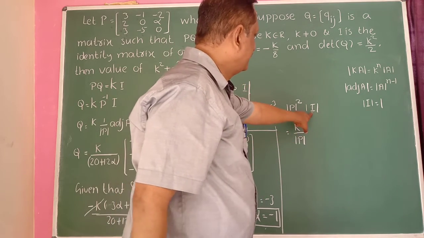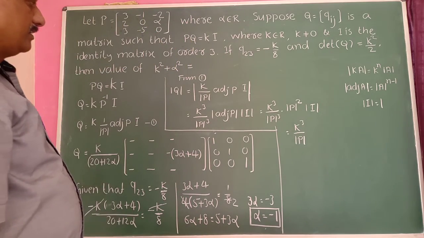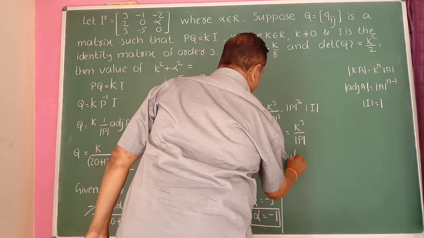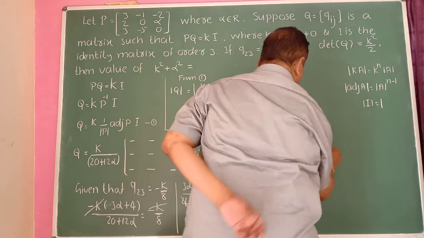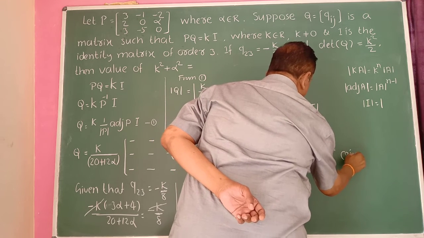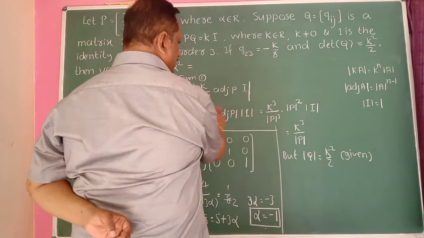This becomes 1 here. This upon this here, we get a determinant of p. Therefore this is equal to, okay, but determinant of q is equal to k square upon 2 here. K square divided by 2, they already given. Therefore determinant of q is this here.